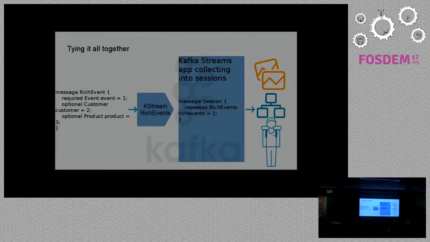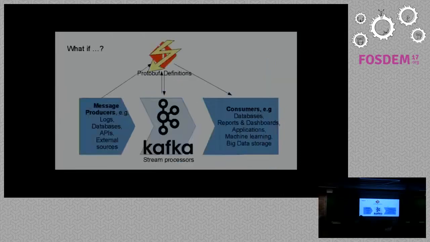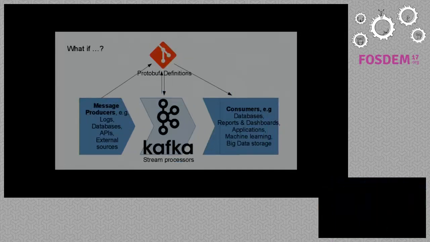Now going back to this chart, so this Git repository or whatever you're using, it's basically just like the Avro schema registry that comes with the Confluent platform of Kafka. So what's the advantage of this one? Well, it can always happen that not all the Protobuf definitions there are actually up to date.